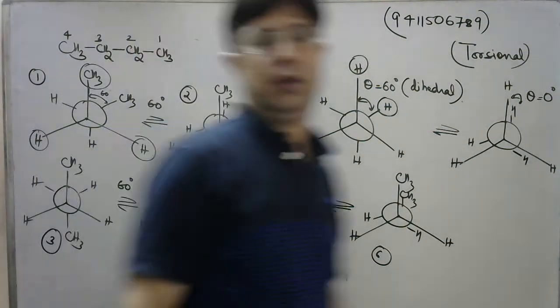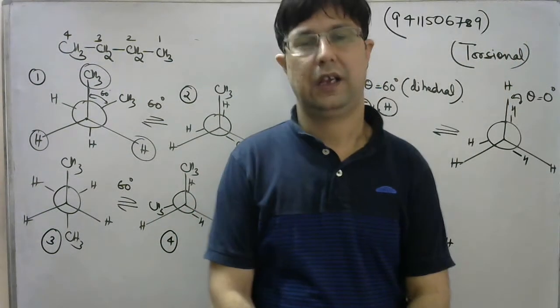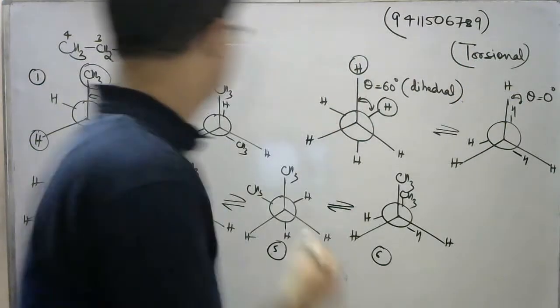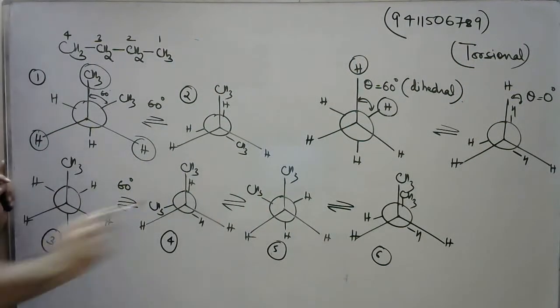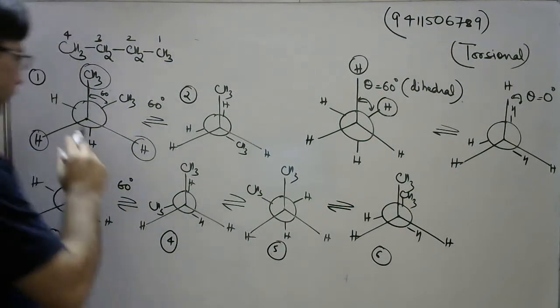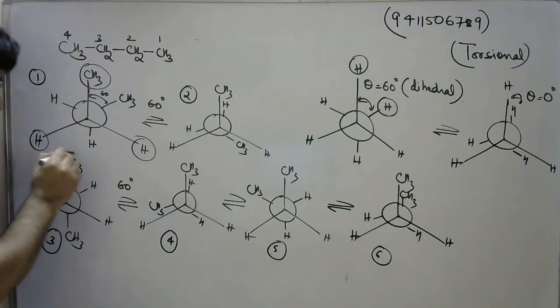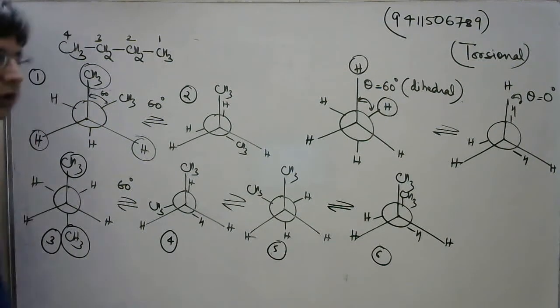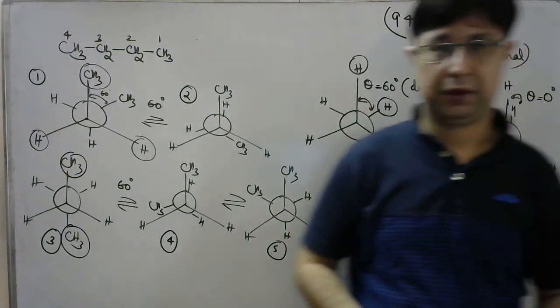First thing is, because of the torsional strain, we know that the staggered form has to be more stable. So definitely in this case, the first form, the third form, and the fifth form will be more stable. So comparing these three forms, we say that in the third form, the two methyl groups which are present are at the anti position with respect to each other.